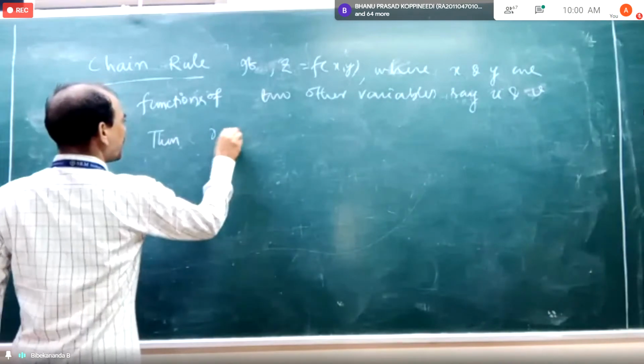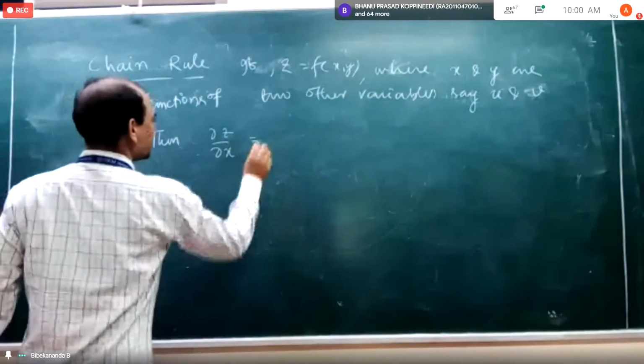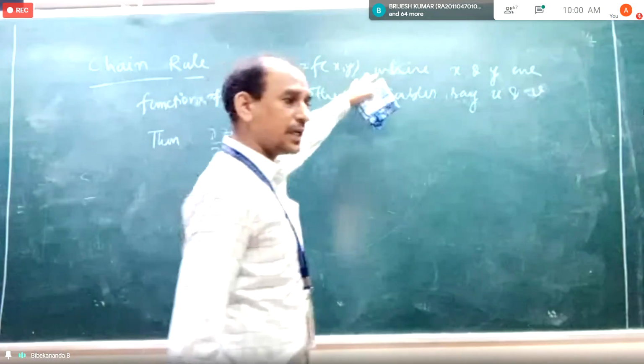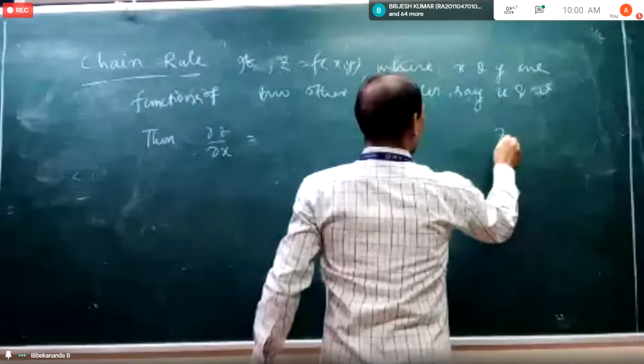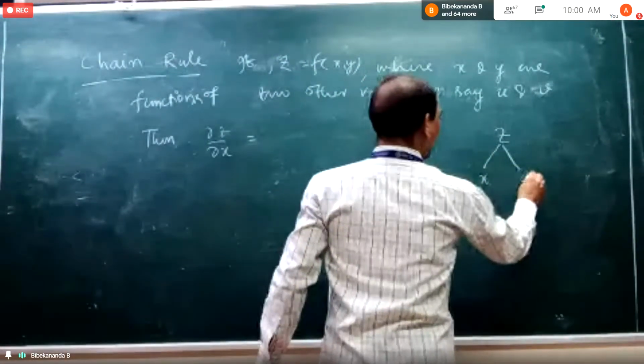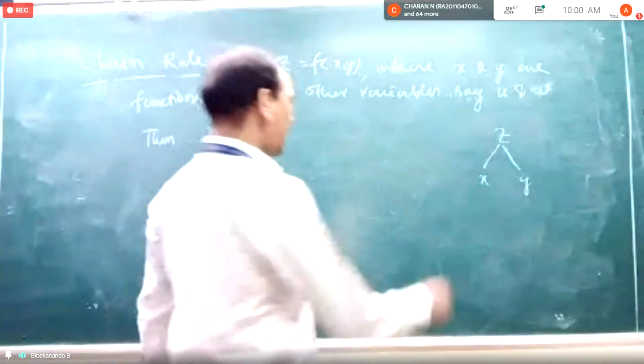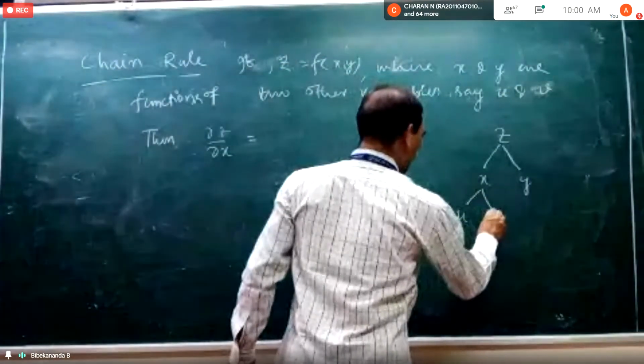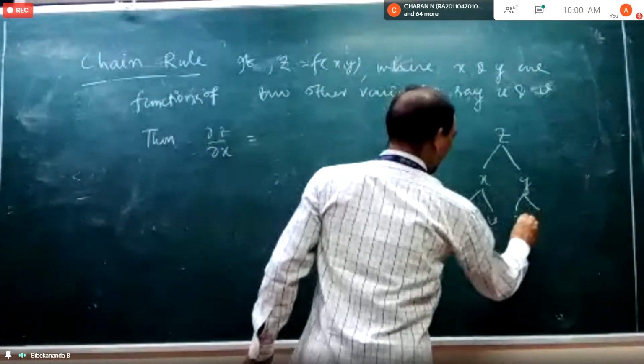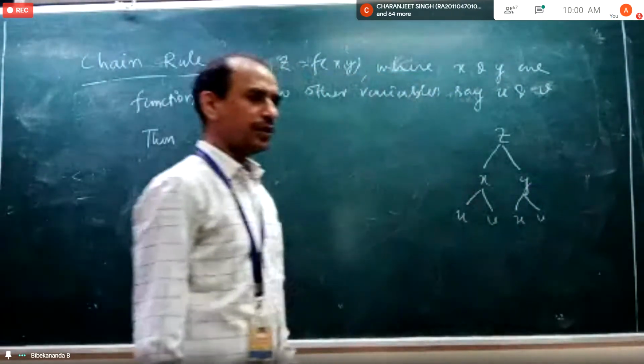dou z by dou x. So what is the relation you are having? Now z is a function of x and y. Again, x is a function of u and v, and y is a function of u and v. So this is the relation you are having.